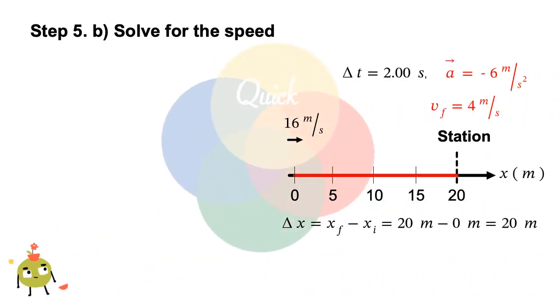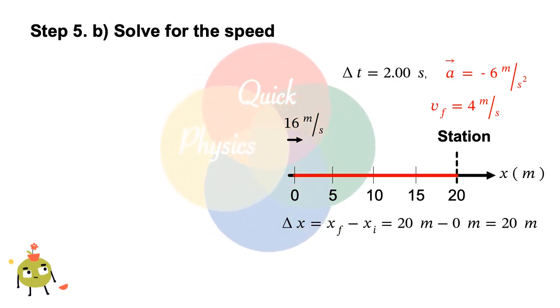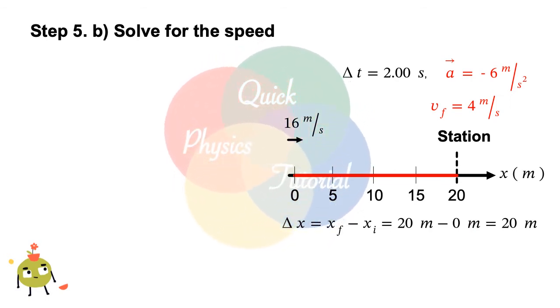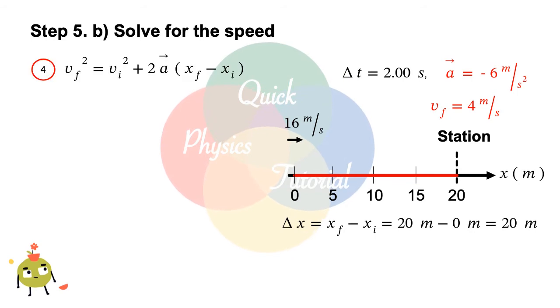Using the acceleration obtained from letter A, we will solve again the final speed of the train at 2 seconds using equation 4. Plugging the given values in equation 4, Vf squared is equal to 16 meters per second squared plus 2 times negative 6 meters per square second times 20 meters, where xi is 0.